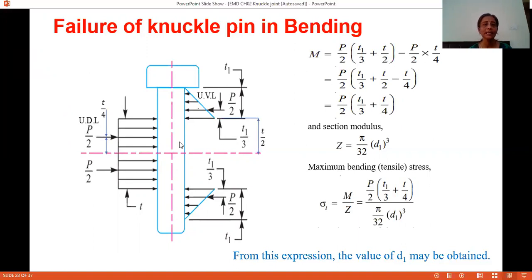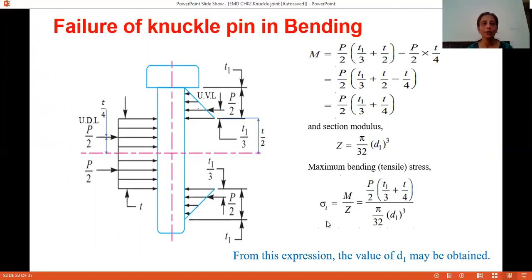As pin is circular, moment of inertia is pi by 64 d1 raised to 4, and y, that is distance of extreme fiber from neutral axis, is d1 by 2. So section modulus z, which is I upon y, comes pi by 32 d1 cube.